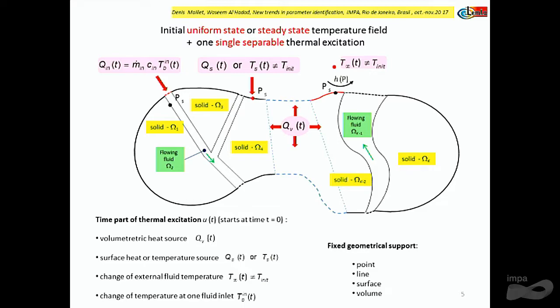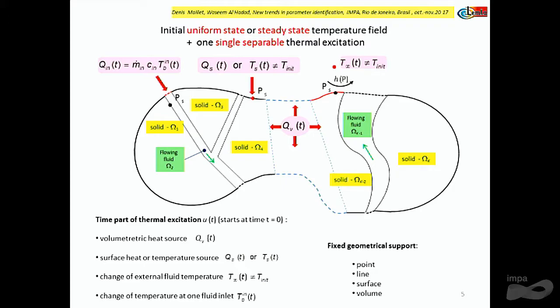We can have also, here you can see that we have H coefficients on the boundary, a change of the initial fluid temperature that departs from its initial value. Or we can also have, and that's the case for a heat exchanger, a change of the inlet temperature of one fluid. So there is a change of the enthalpic flow entering the system.